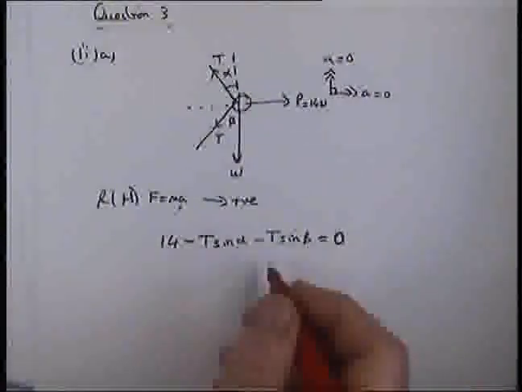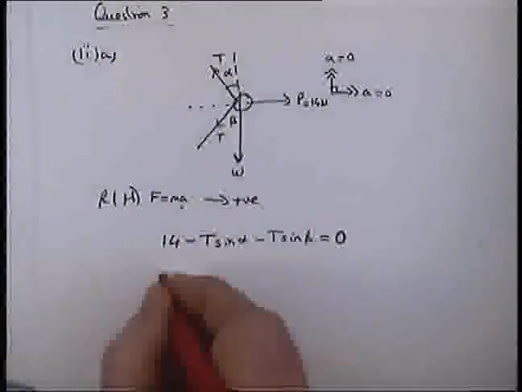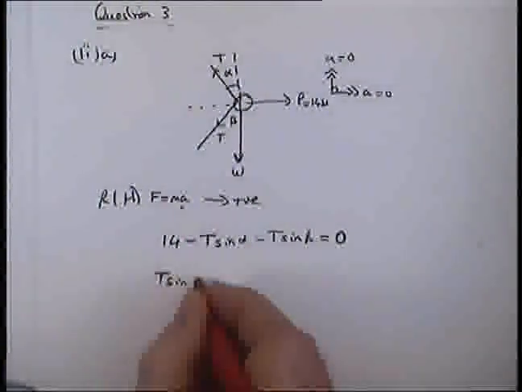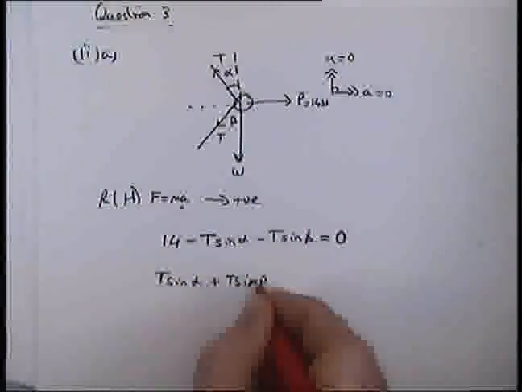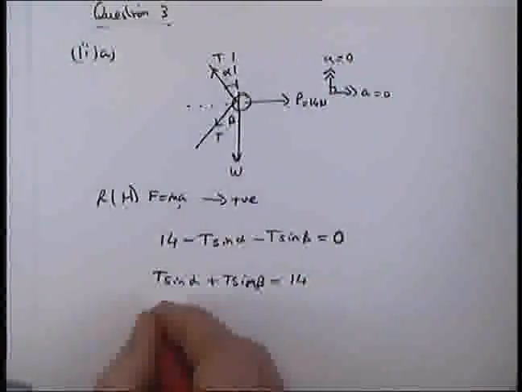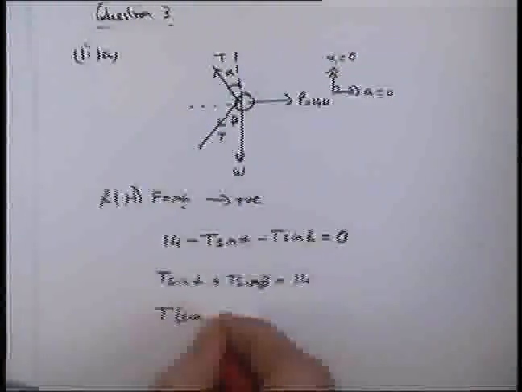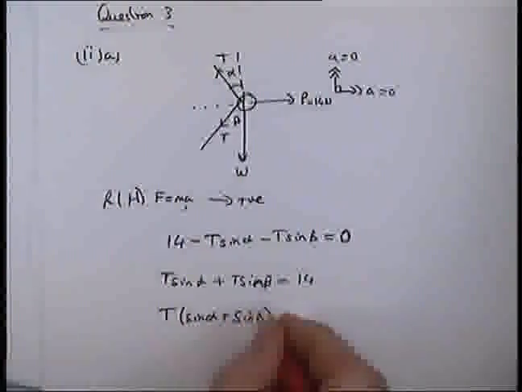Now we're trying to find the tension, so a little bit of rearranging gives us T sine alpha plus T sine beta is equal to 14. Factoring out the T gives us T (sine alpha plus sine beta) is equal to 14.